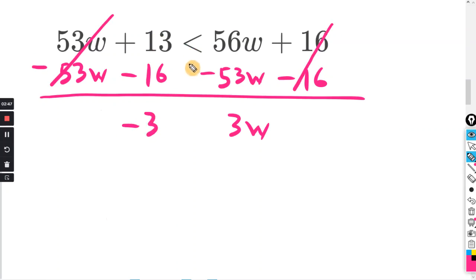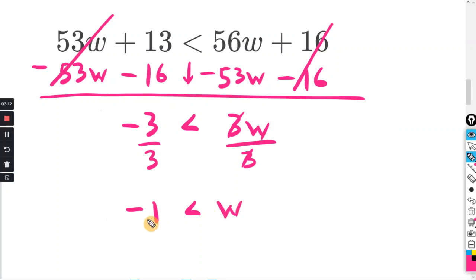And I want to bring down the inequality symbol. It's pointing to the left. I did not divide or multiply by a negative, so I kept the direction of the symbol. W times 3, opposite of times 3 is divided by 3. -3 divided by 3 is -1. 3 over 3 cancels. And W is greater than -1.